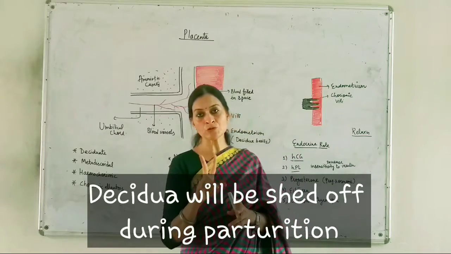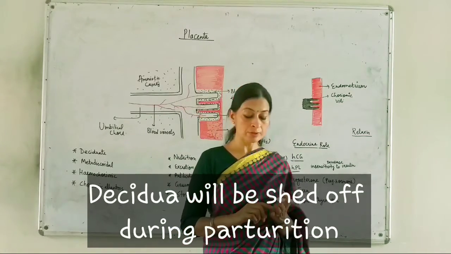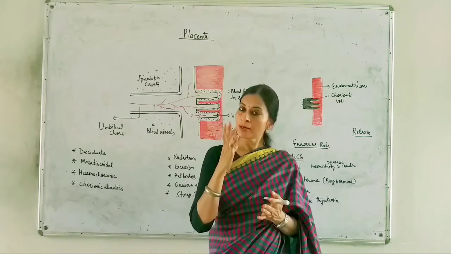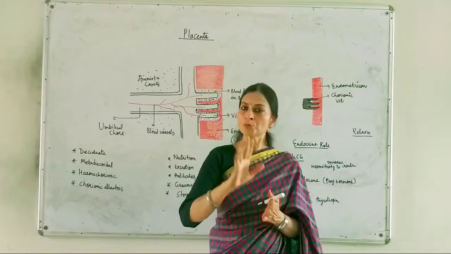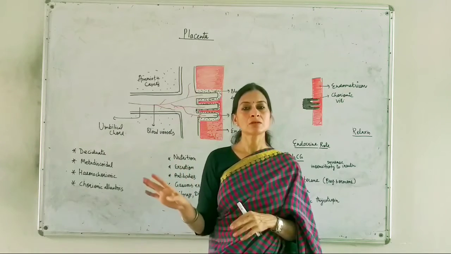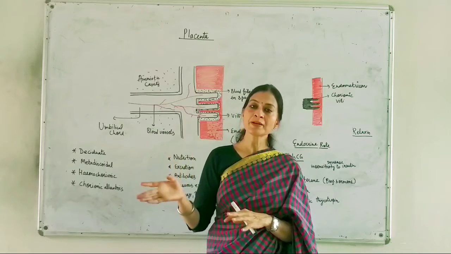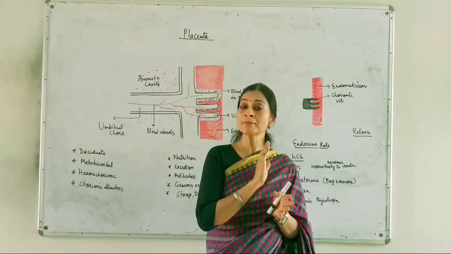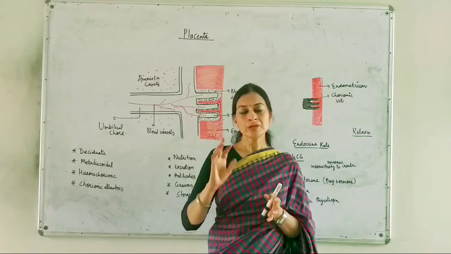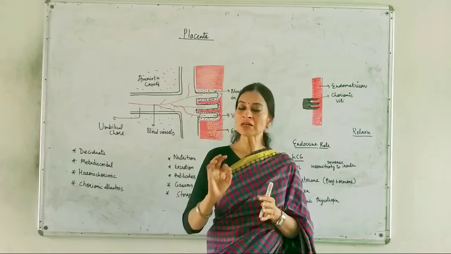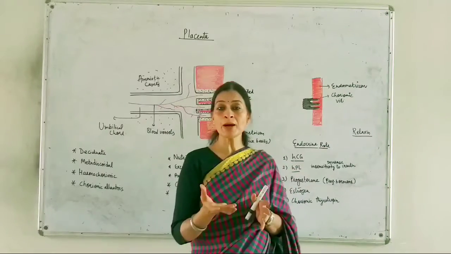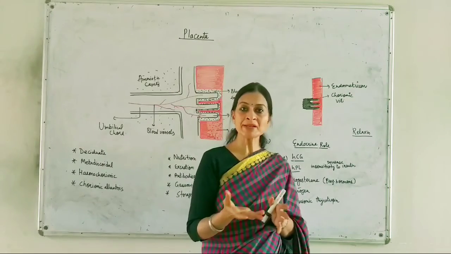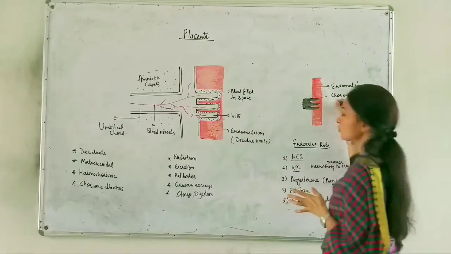That means there are two types of endometrial layers in the uterus wall. One is going to be intact after this parturition process, but the other layer is going to be shed off when the childbirth takes place. So that decidua part of the endometrium I have shown here.